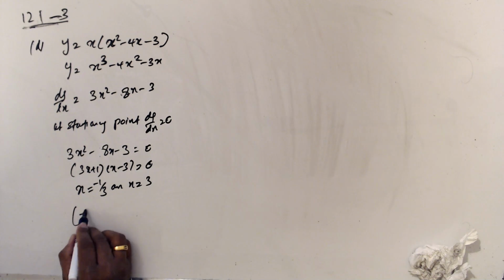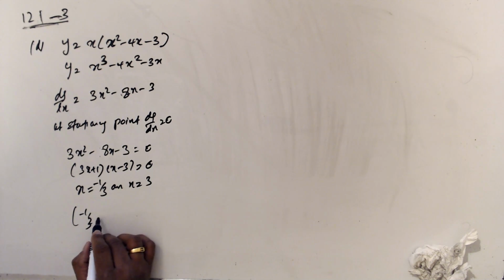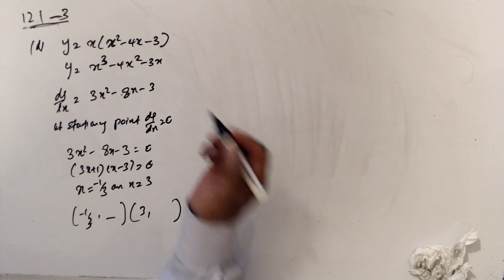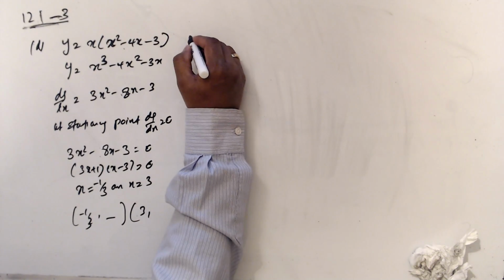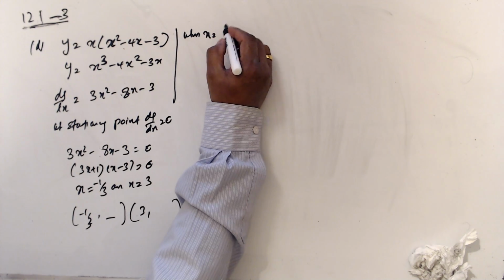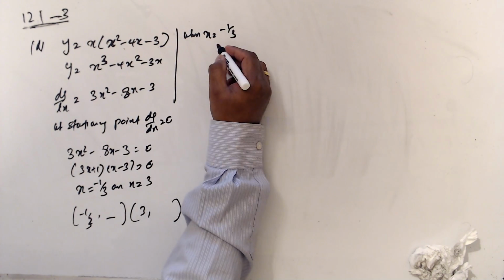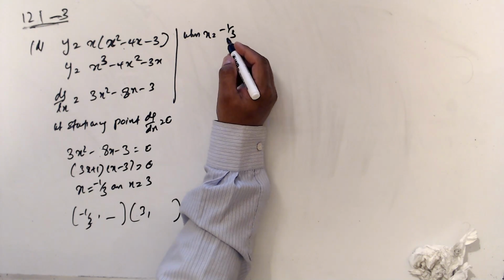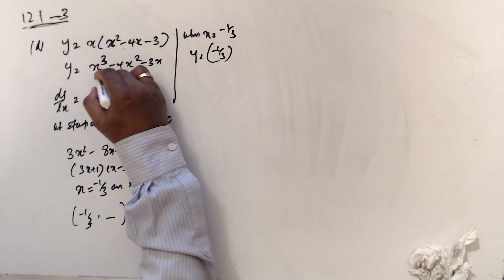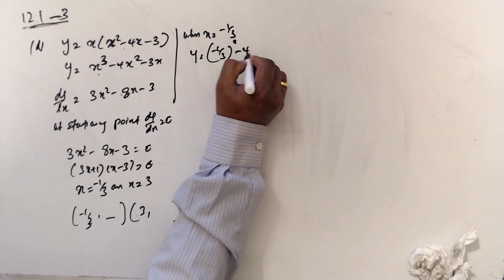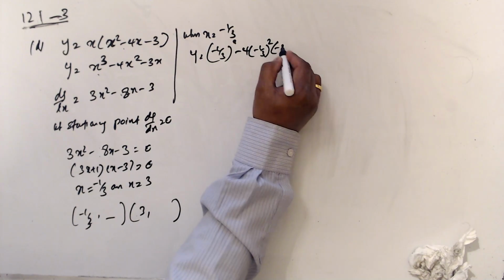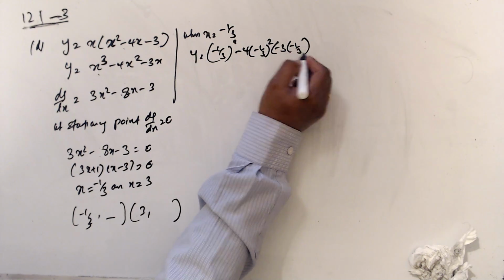Now we'll find the y value first. So we'll substitute here, when x equal minus 1 over 3, y equal minus 1 over 3 cube, minus 4 times minus 1 over 3 square, minus 3 times minus 1 over 3.